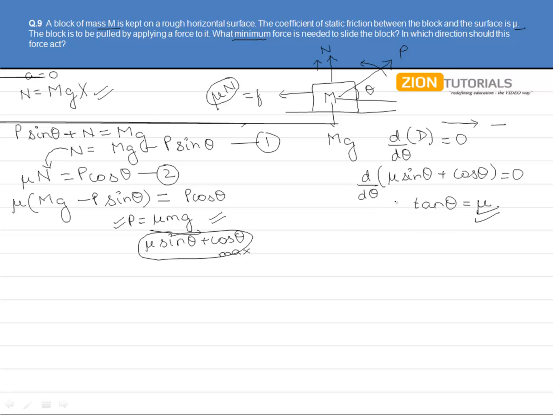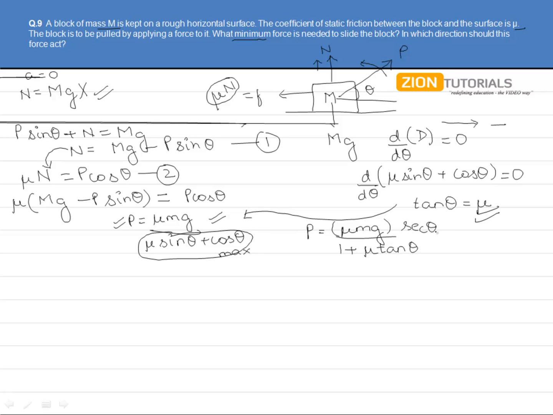Now, putting it back into the equation of P, we can say that P equals mu mg over (1 plus mu tan theta) into sec theta.